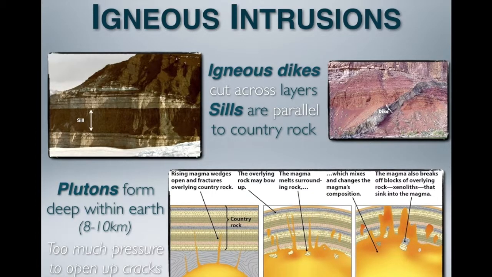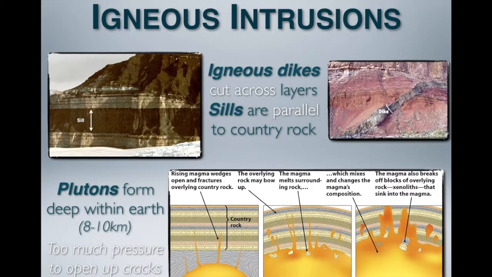So sometimes there's pre-existing cracks or weak points along the rocks that will open up. So in the case of a sill, it is the cracks or the separations of the layers, the boundaries of the layers, can be broken open because they're two different types of rock, therefore relatively easy to break.